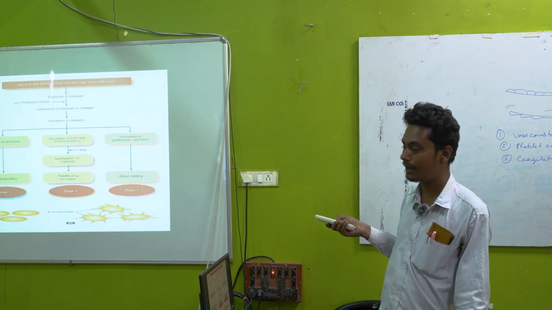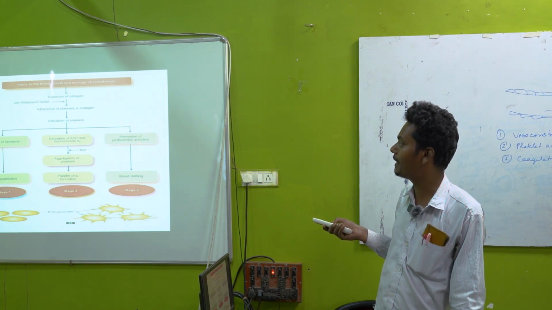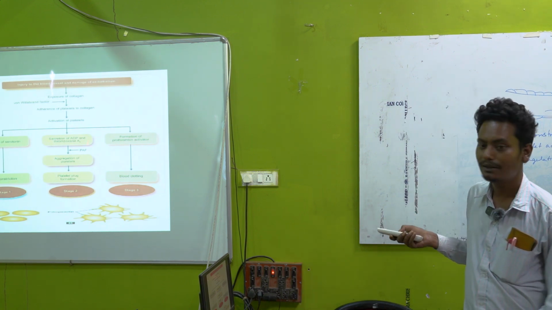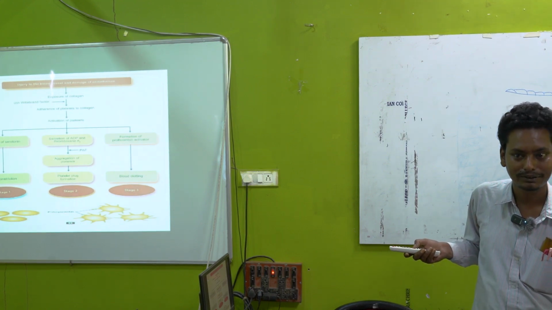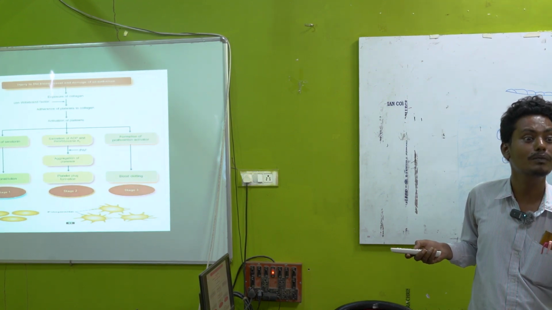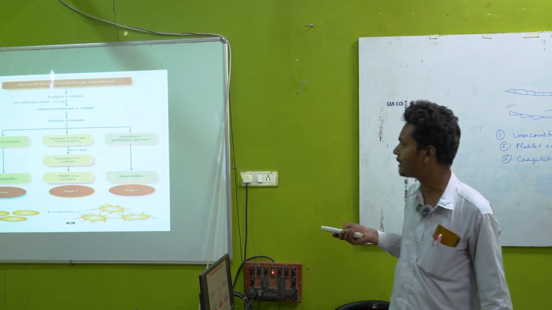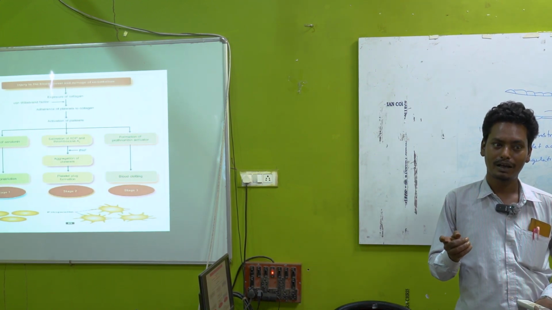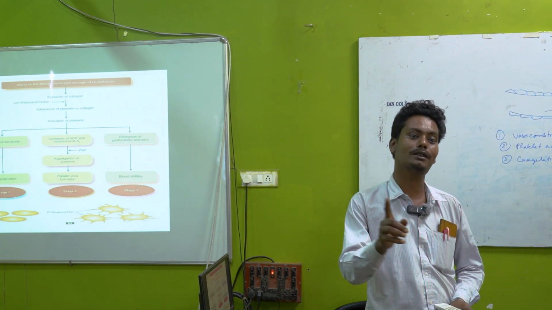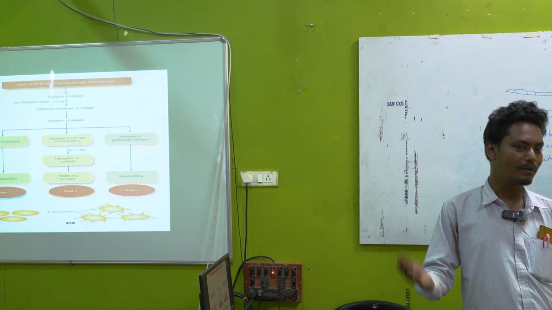The third and the final function of platelet is that the activated platelet triggers the formation of prothrombin activator. This prothrombin activator converts prothrombin of our blood into thrombin, and thrombin is associated with the conversion of fibrinogen into fibrin.